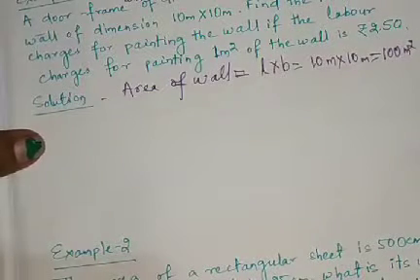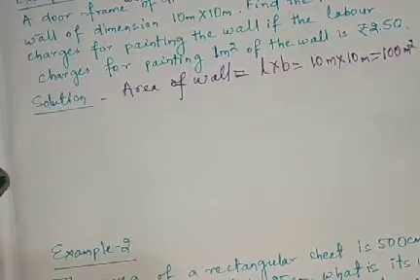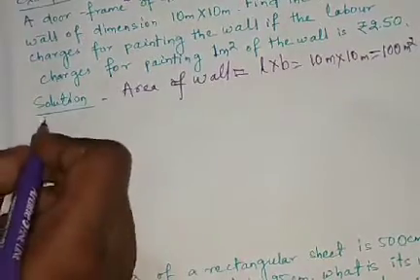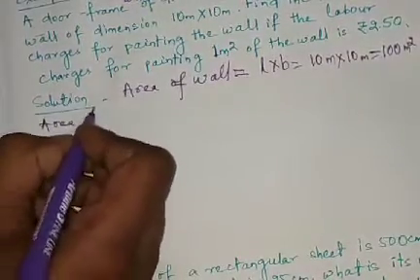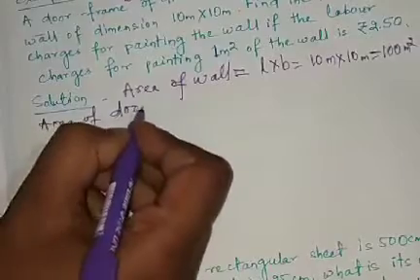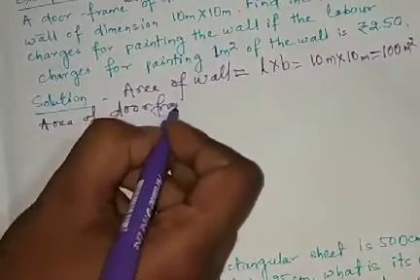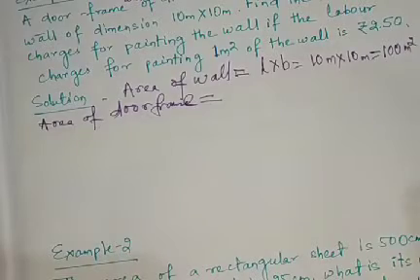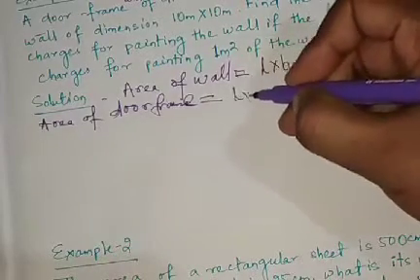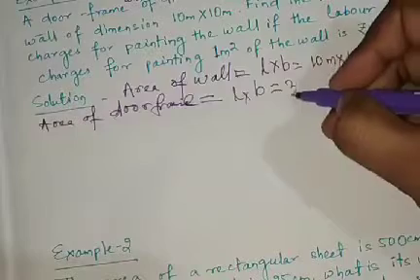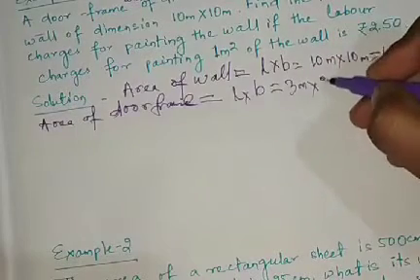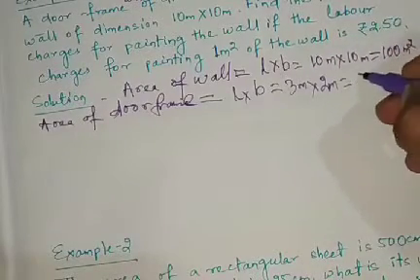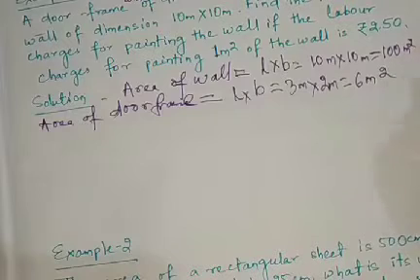Next, area of door frame equals the same thing, length into breadth, equals 3 meter into 2 meter equals 6 square meter.